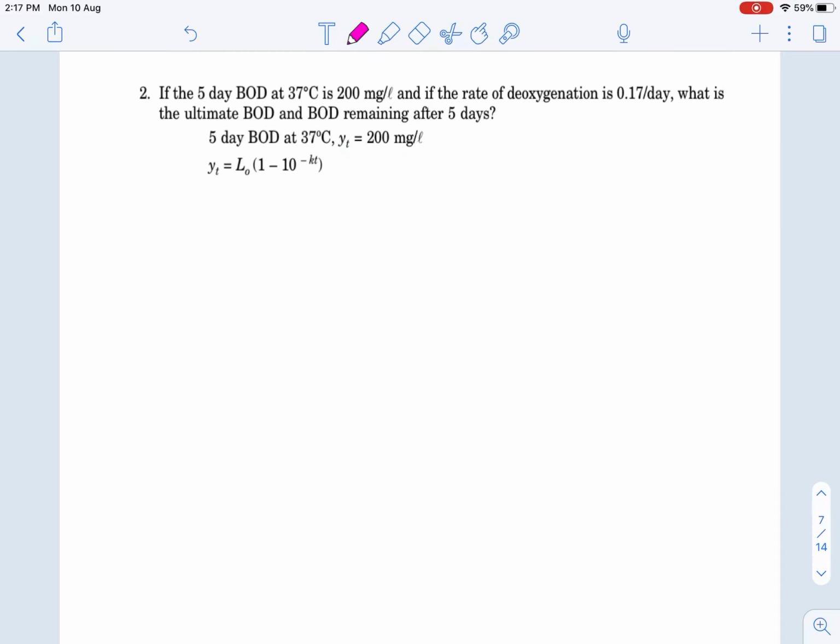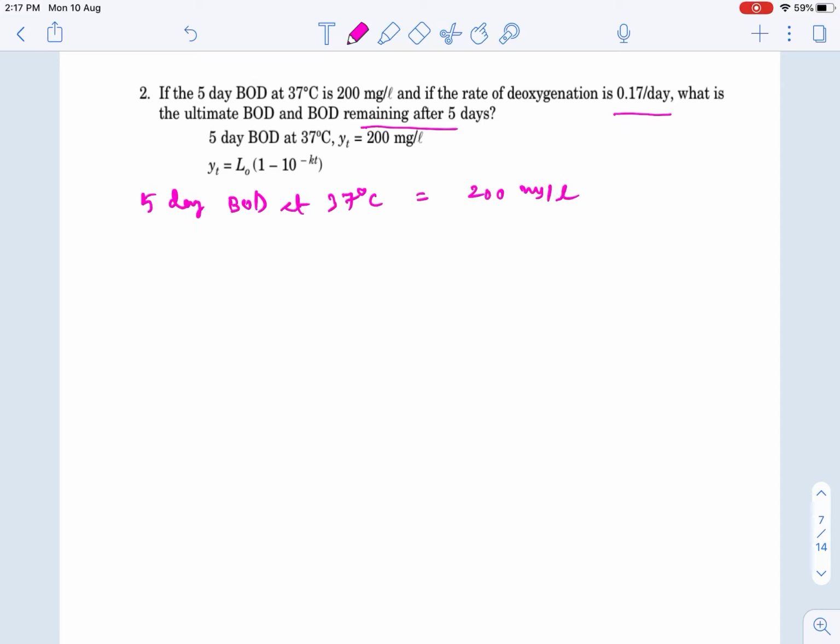Here is another problem. If the 5-day BOD at 37 degrees centigrade is 200 milligrams per liter, and the rate of deoxygenation constant is 0.17 per day, what is the ultimate BOD and the BOD remaining after 5 days? He has given the 5-day BOD at 37 degrees centigrade as 200 milligrams per liter.